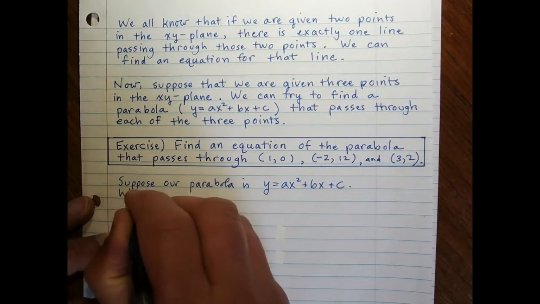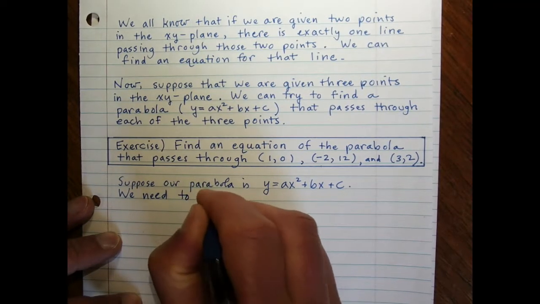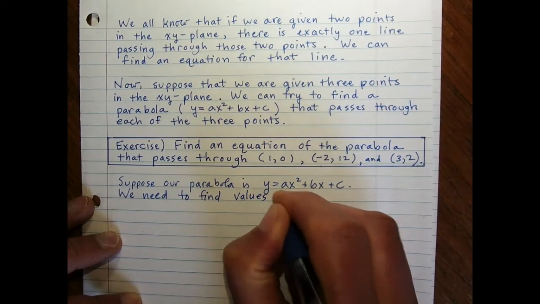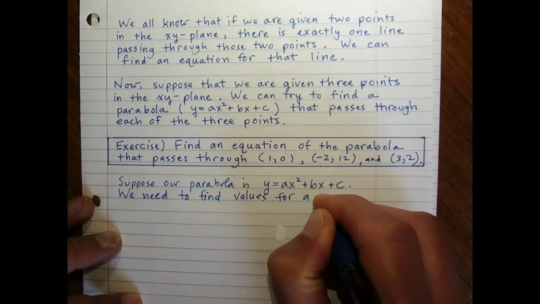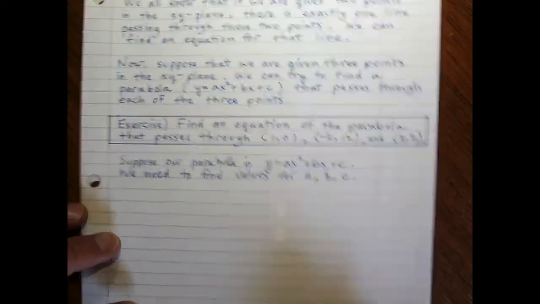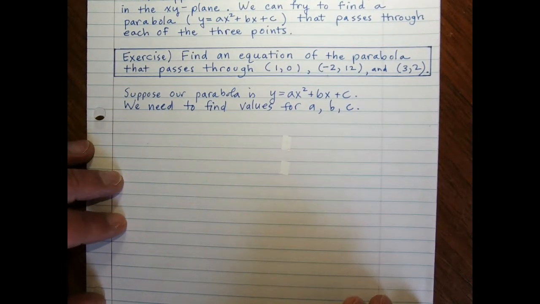We need to find values for the constants a, b, and c. And then we'll have an actual equation, an equation of a very specific parabola.